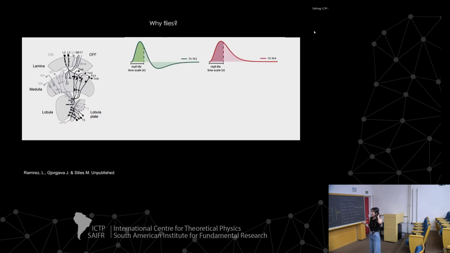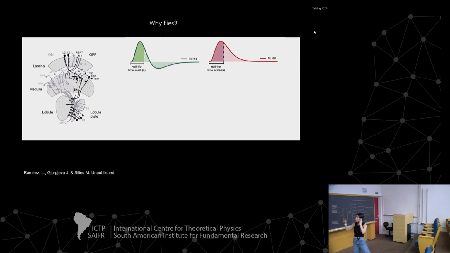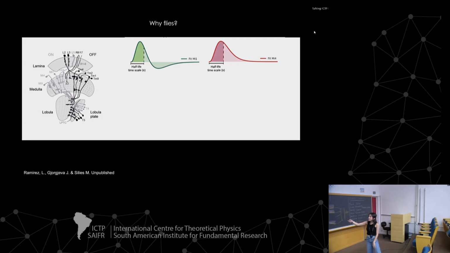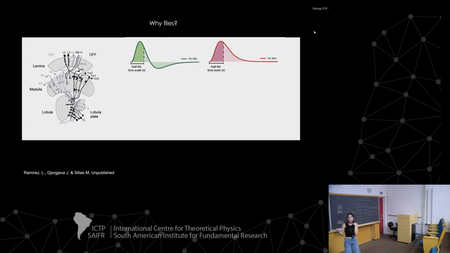What we can do, and we have done, is to look at data from different research papers, and we have tried to characterize the typical temporal responses of the neurons. So we look at neurons with this linear-nonlinear model that I showed you before.